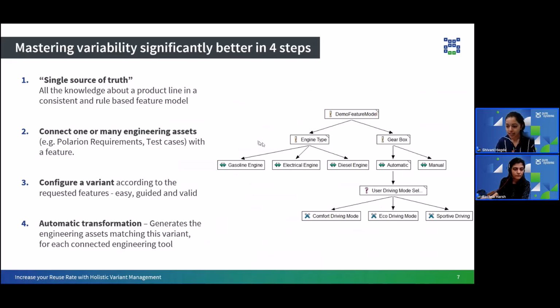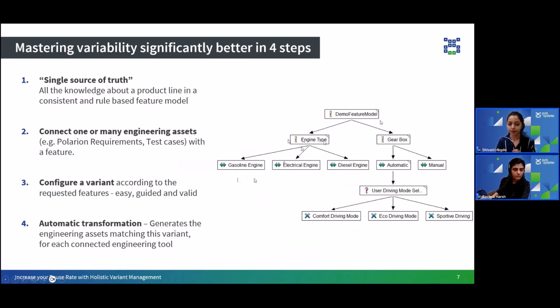On the right-hand side, you see this feature model, and each feature has different icons next to it. These are the variation types. We have four variation types: mandatory, or feature, optional, and alternative. My colleague Rachna will talk about it in detail.